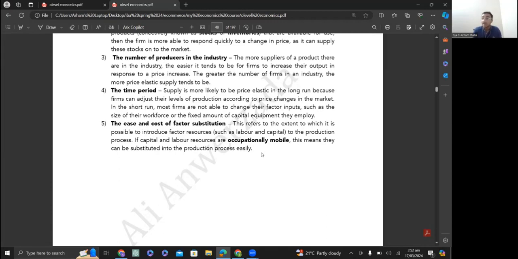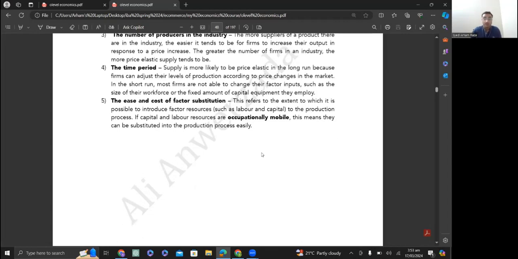This means that the elasticity of supply for that good will increase, because the resources the firm is using to produce that good are occupationally mobile.